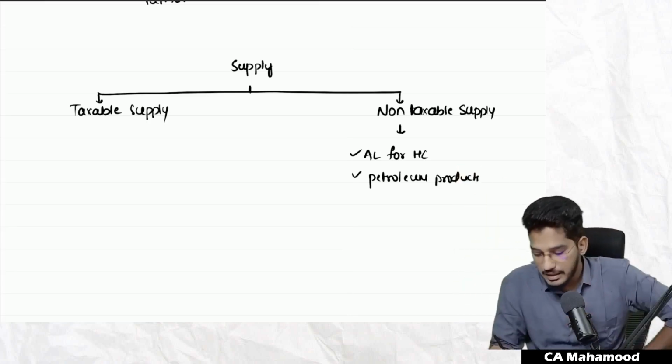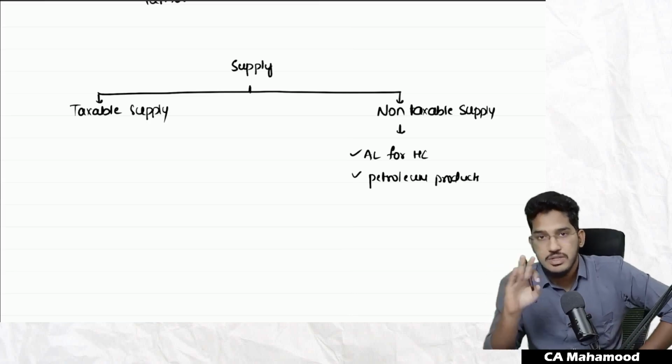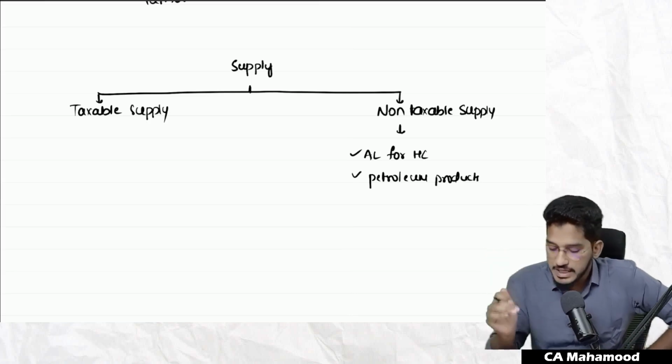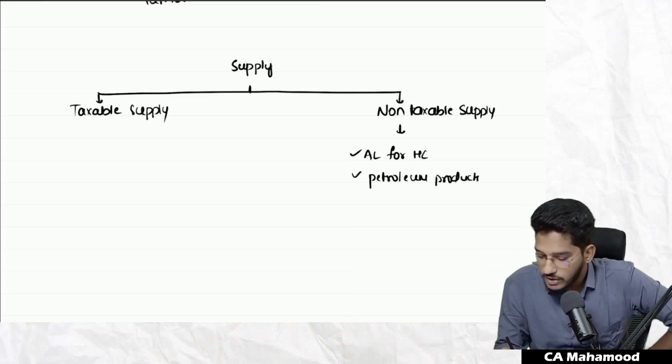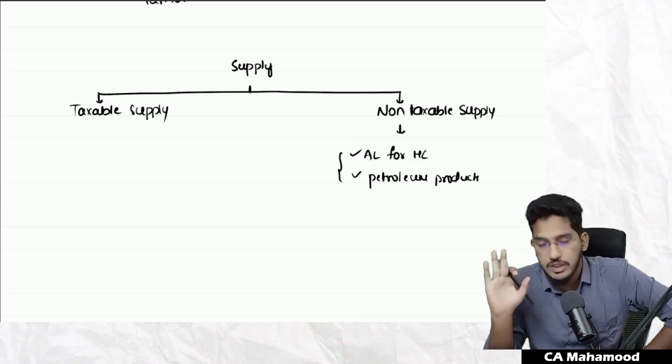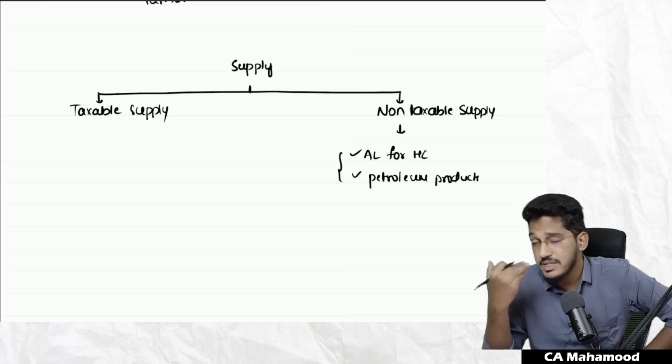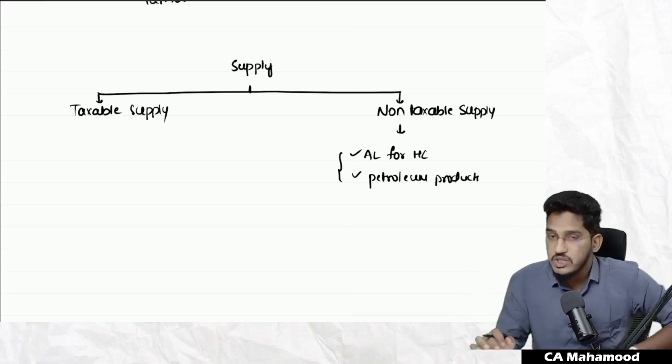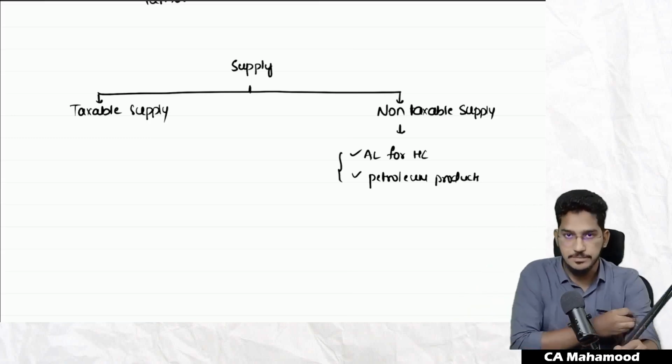For the time being, GST can't be imposed on petroleum products. So in non-taxable supply, two things come: alcoholic liquor for human consumption and petroleum products. On them, GST is not leviable. So these fall under non-taxable supply.